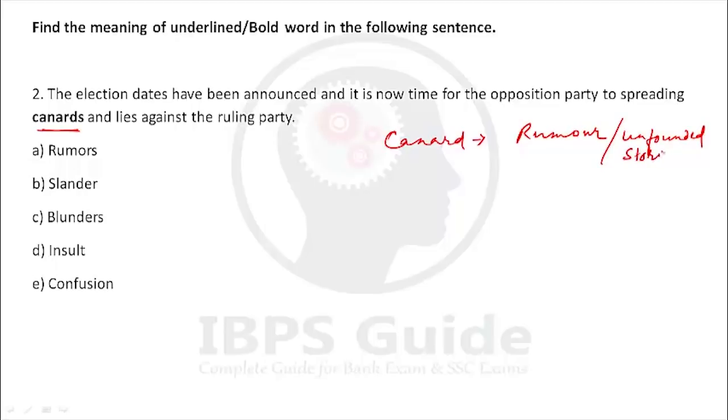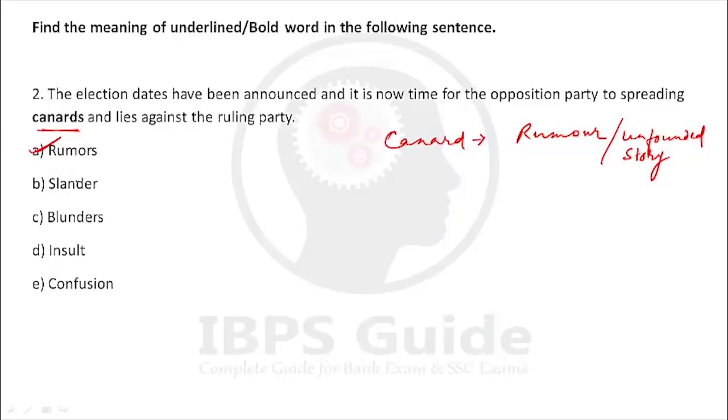Rumor, which is called an unfounded story. So the election dates have been announced, and it is now time for the opposition party to spread canards and lies against the ruling party. So I hope you get your answer. Option A will be our answer. Canards means rumors. But what's the meaning of slander?